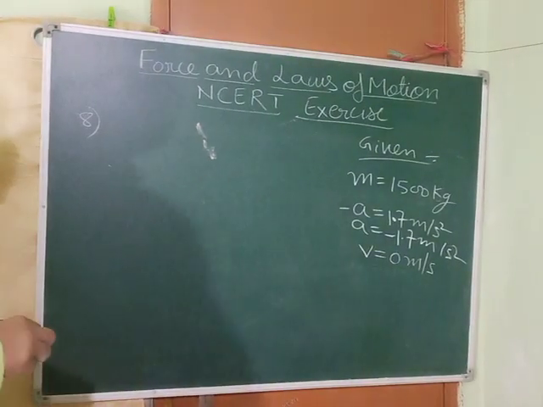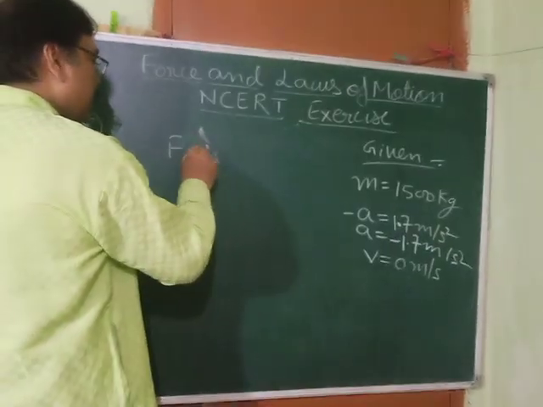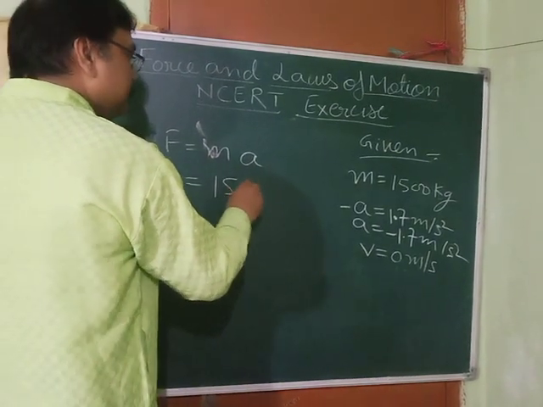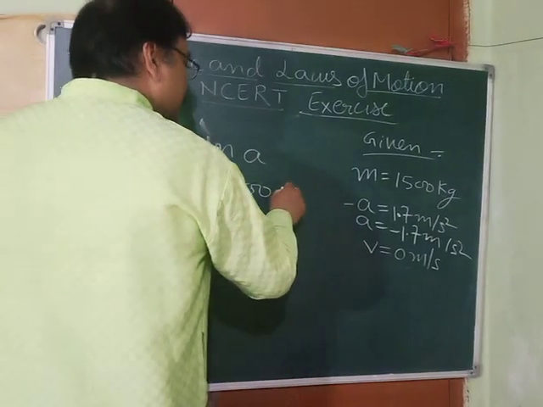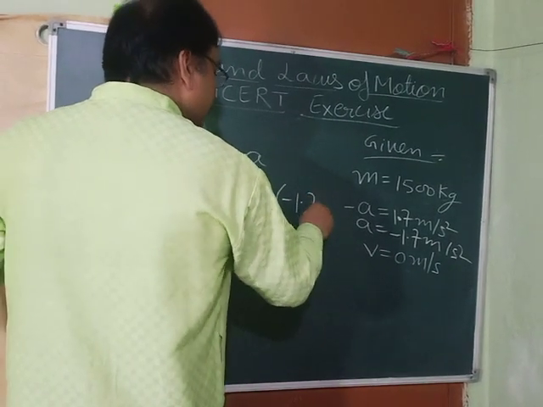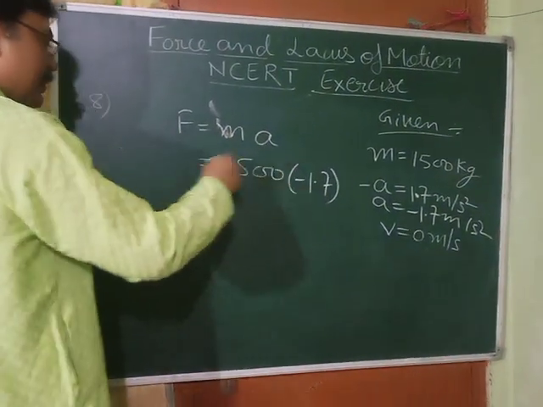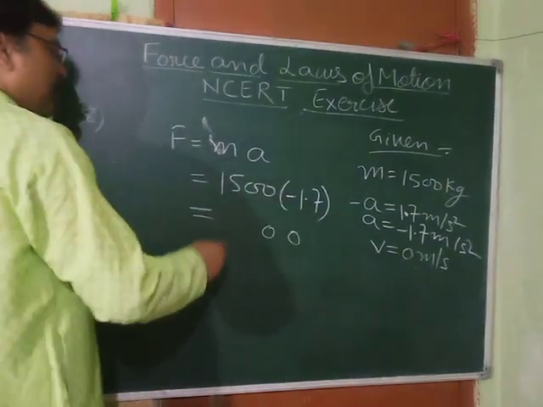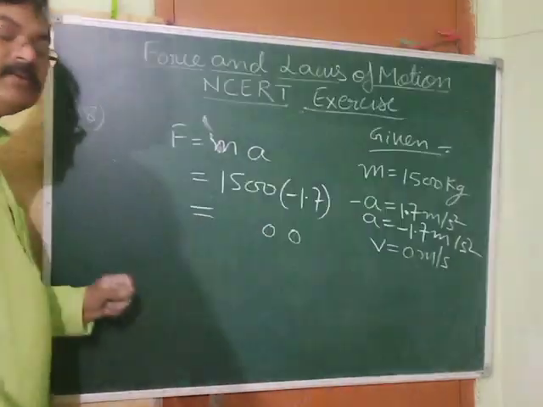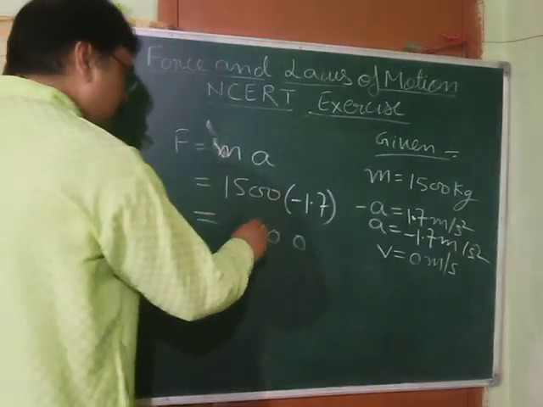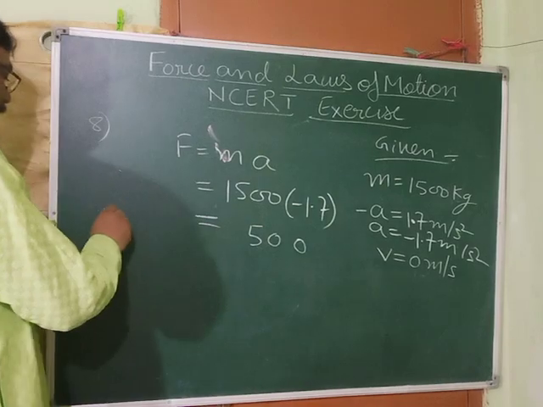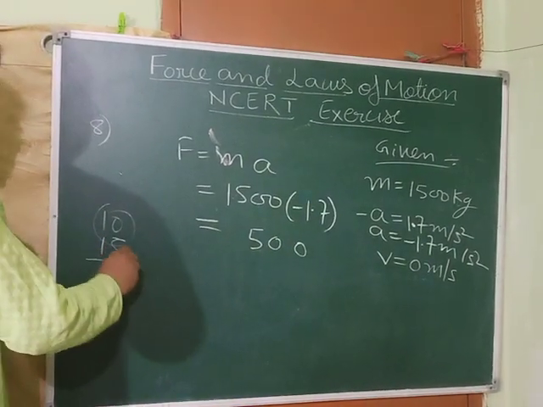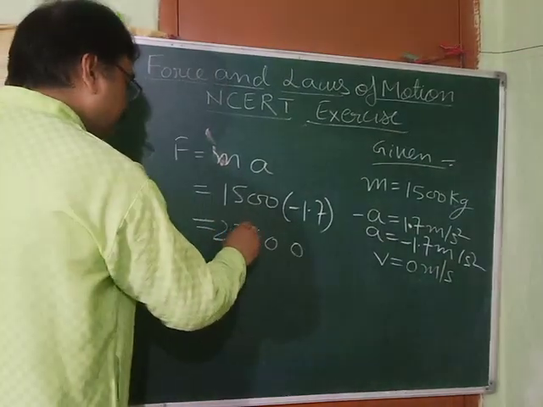Now, for finding force, it's very easy. F is equal to what? It is mass into acceleration. So mass is how much? It is 1500. Acceleration is minus 1.7 meter per second square. Multiply this. We have got two zeros. Now 15 times 7 is 105, so you will get 5 and 10 is your carry. 15 times 1 is 15, you have to add 10 to this carry, you will get 25.